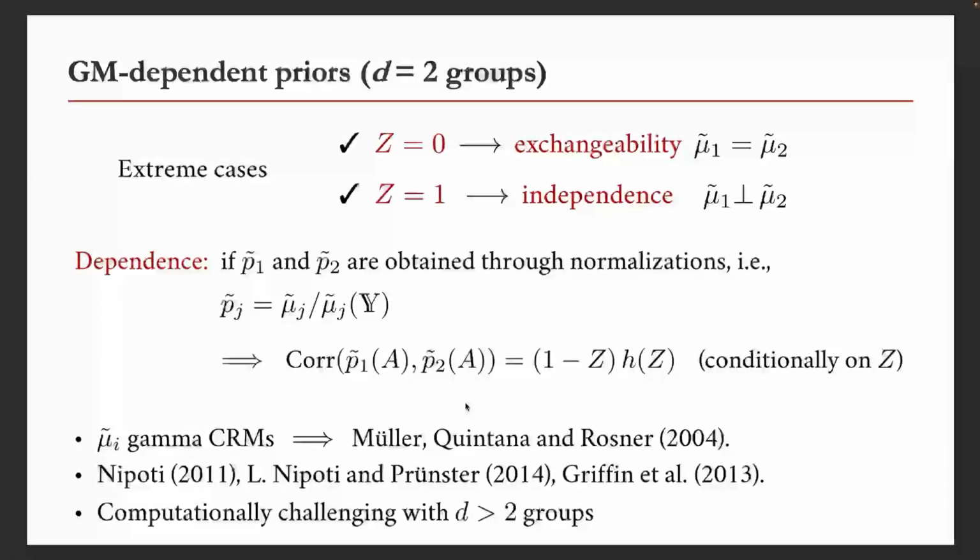And in particular, for example, if you obtain a random probability measure by normalizing, as Jim has done in his talk, you also have a measure of dependence in terms of correlation, which reflects, again, the two extreme situations of exchangeability and independence if you set z equal to 0 or 1. And this is reminiscent of the idea of the paper by Peter, Fernando, and Gary, which is recovered when the measures are gamma completely random measures.